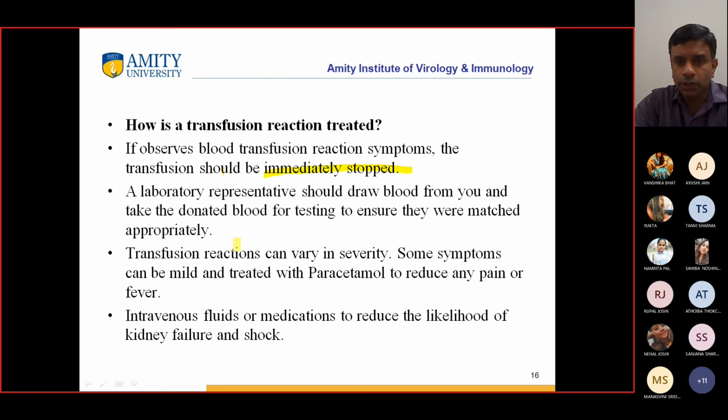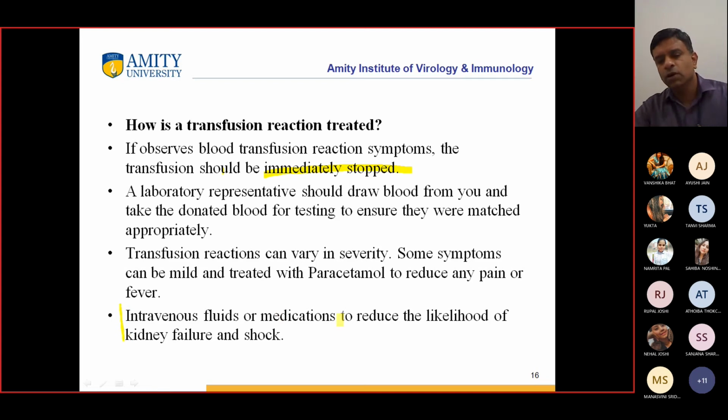So later on you can do the blood grouping matching just to see whether it is a problem associated with transfusion reaction or is it something else. Okay, some symptoms can be mild and can be treated with paracetamol to reduce any pain or fever. Okay, and this is again very important.